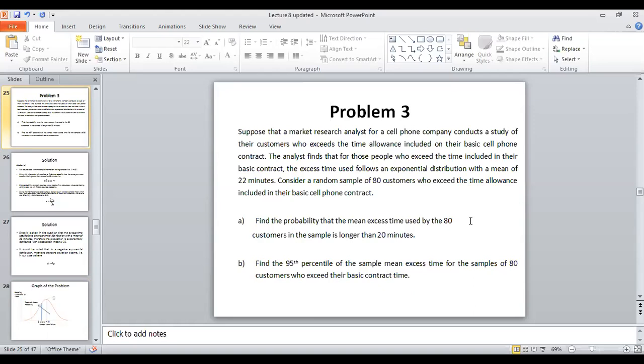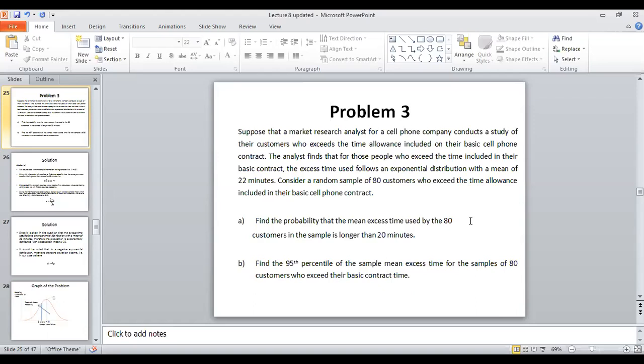So what has happened so far in this question is that there's a market research analyst who has been given the task by his project manager or by his heads to survey the people who have exceeded their cell phone contract time limits.